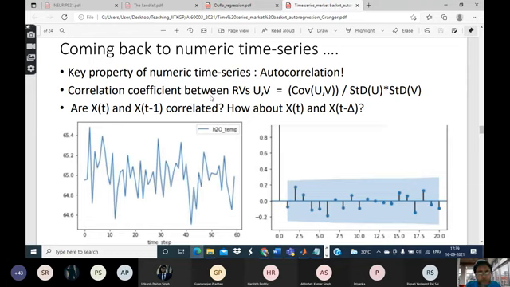Now, we have a numeric time series where we have observations at every time point. If you look at this one, it may look like a continuous time series, but actually that's not the case. It's actually a discrete time series.